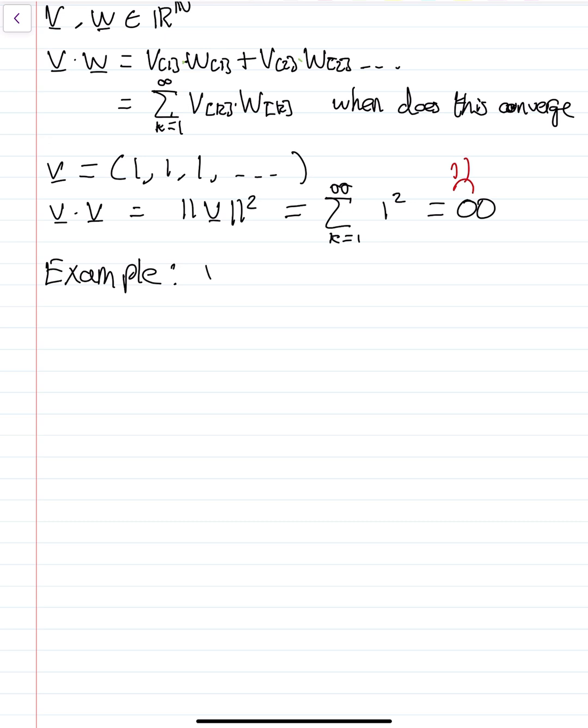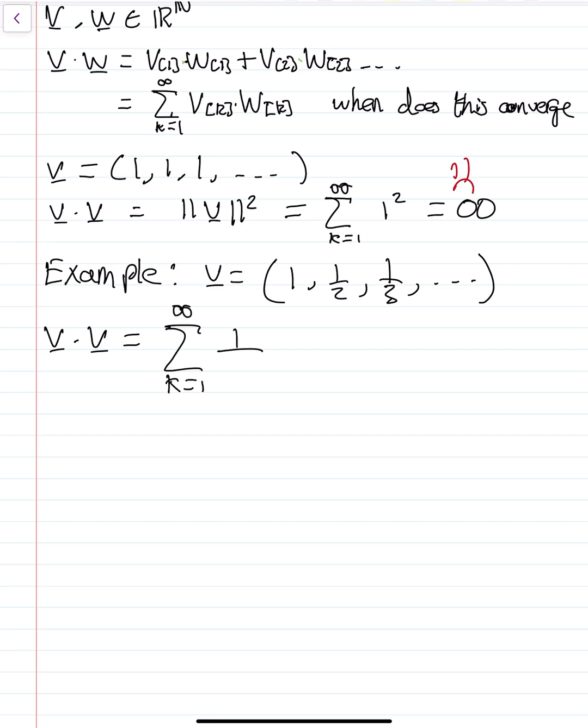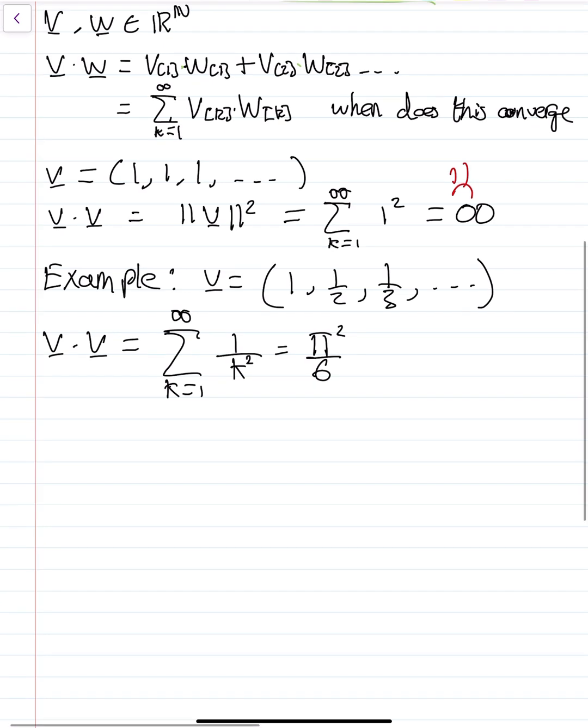If I take v equal to this vector, I can have 1 in the first component, a half in the second, a third in the third component, etc. Then v dotted with itself is going to be the sum from k equals 1 to infinity of 1 over k squared. And that, as you may know, is actually pi squared over 6. So that does converge, so I'm happy.